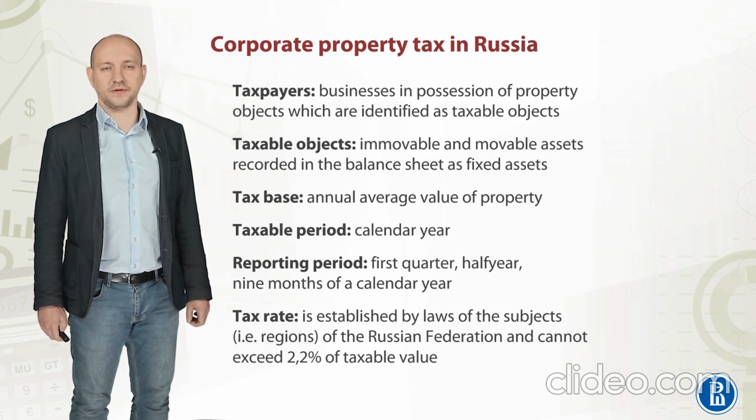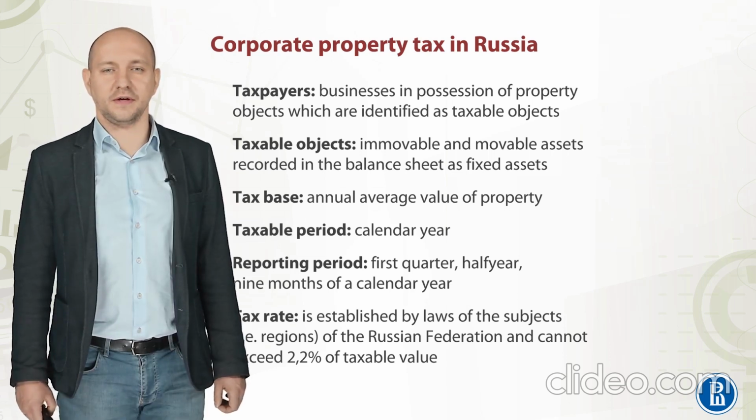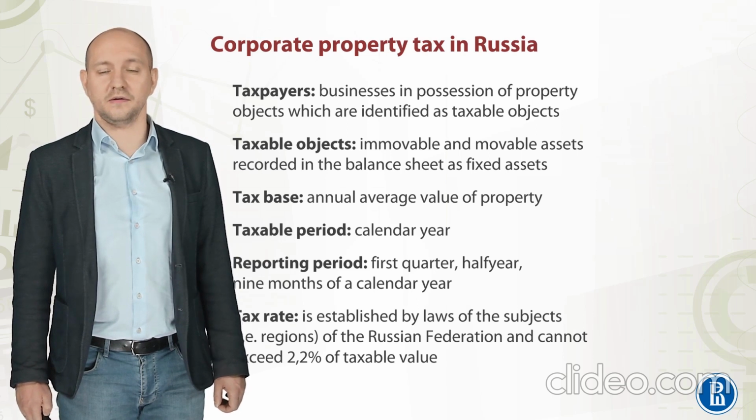The taxable period is 1 calendar year. The reporting periods are the first quarter, half year, and 9 months of a calendar year. The tax rate is usually established by laws of the subjects, the regions of the Russian Federation, and can't exceed 2.2% of taxable value.